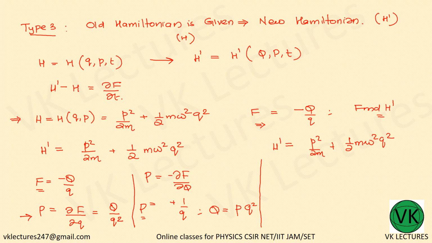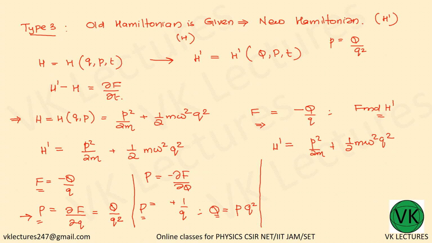From here, small p is equal to capital Q by q square. So let us write down small p is equal to capital Q divided by q squared. Now we need capital Q here, so bring this capital Q from here, p q square.